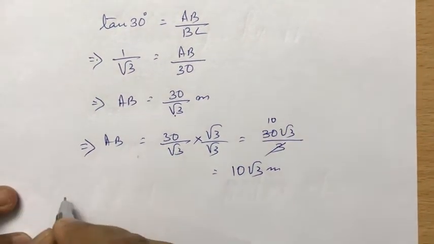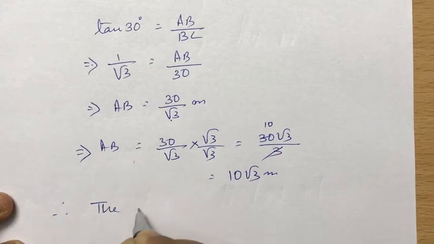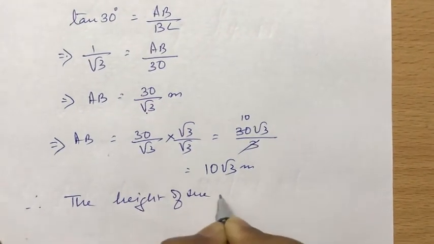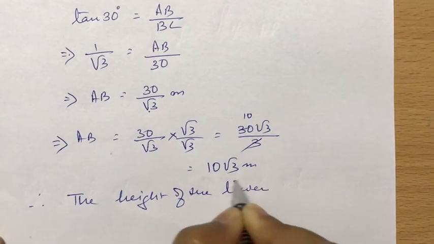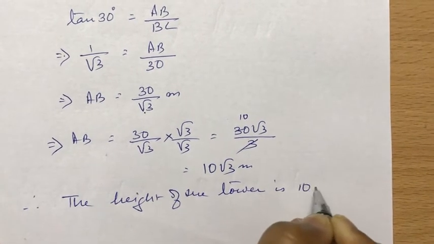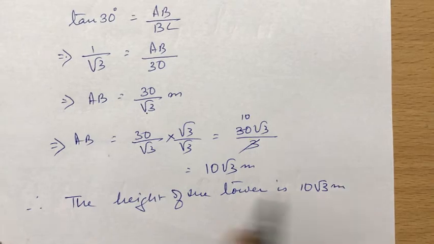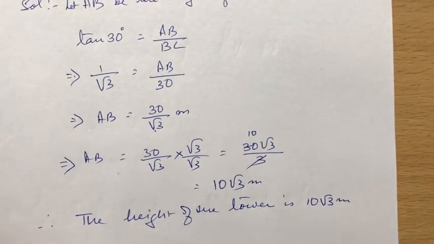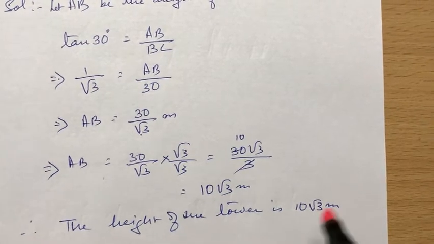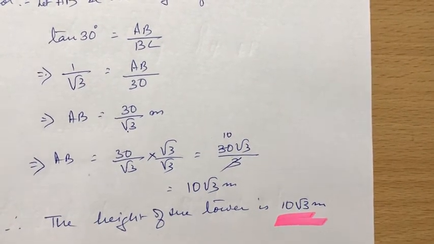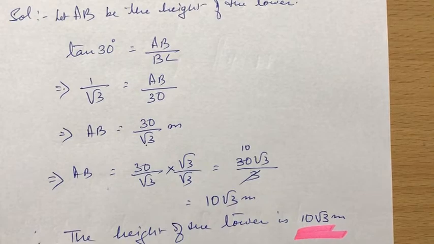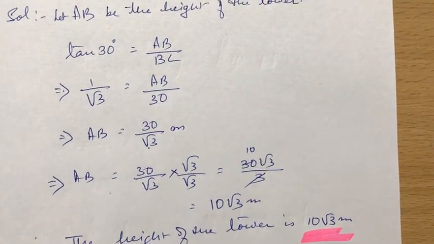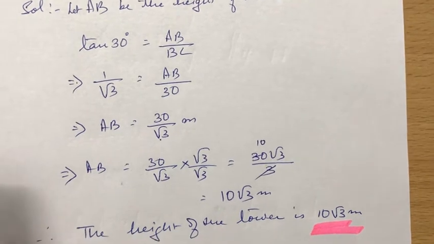Therefore the height of the tower is 10 √3 meter. You can do one thing. If you remember the value of √3, which is 1.732, then you can multiply it with 10 and get the value.